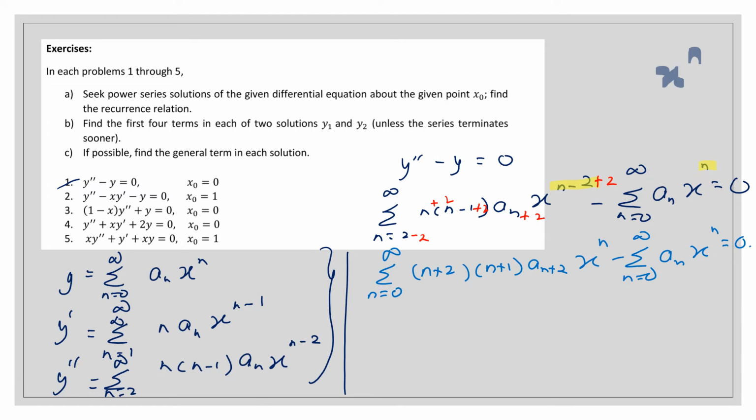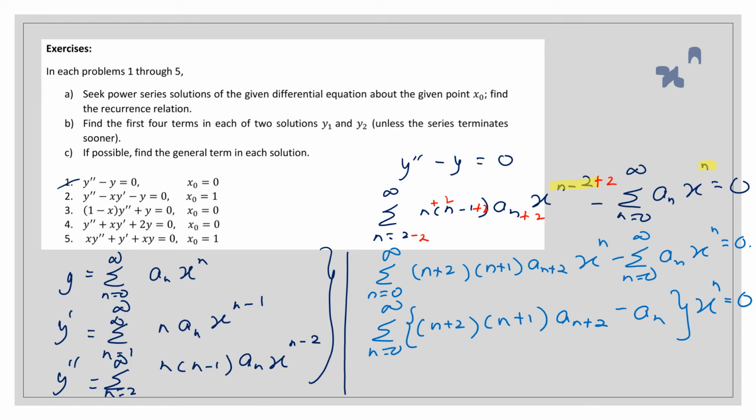Okay, because n begins with 0, we can combine it. Rewrite it as the summation of n plus 2, n plus 1, an plus 2 minus an, times x to the n, equal to 0.